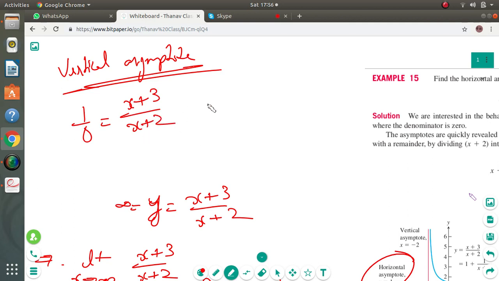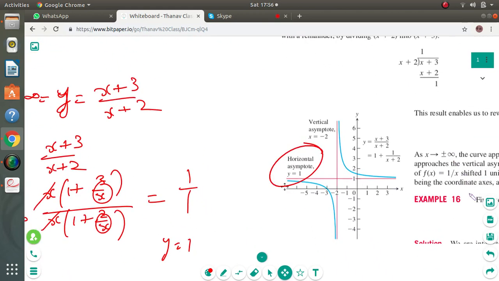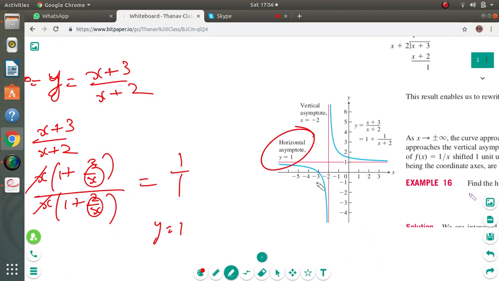So from here we get x plus 2 is equal to 0, cross multiplication, or x is equal to minus 2. That is how you get the vertical. Here we have x equal to minus 2. For finding out the vertical asymptote, put y as 1 by 0. For finding out the horizontal asymptote, put the limit x tends to infinity. That's it. You will get the asymptotes.